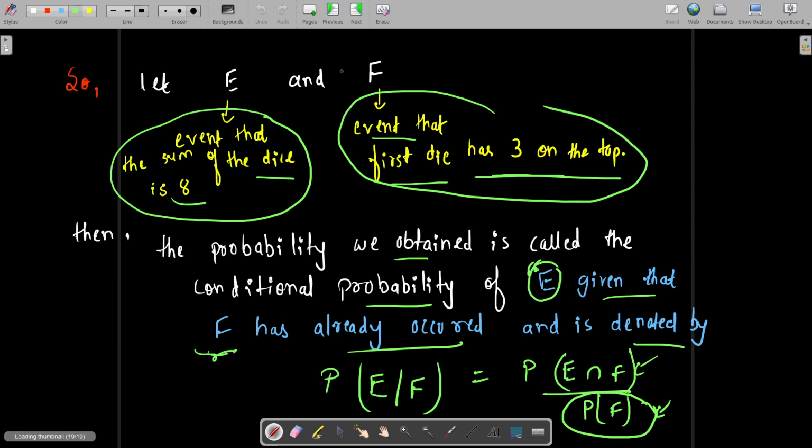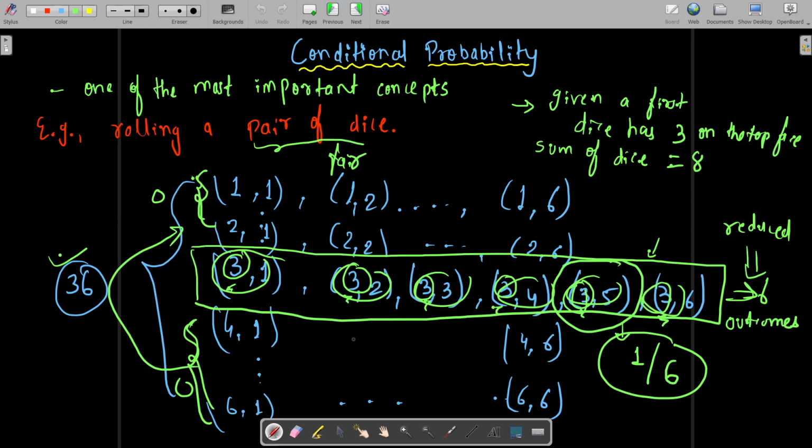From this example, we know that F has already occurred.